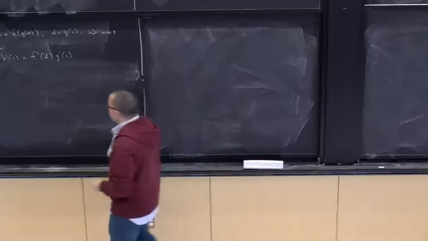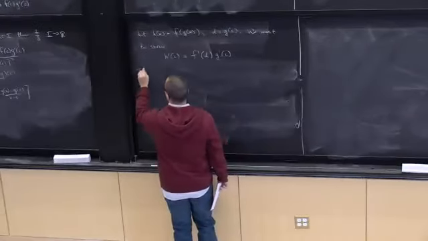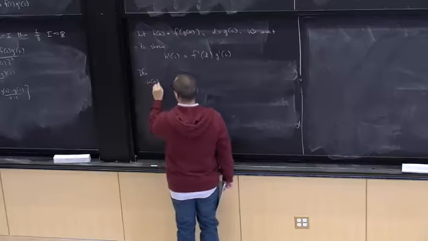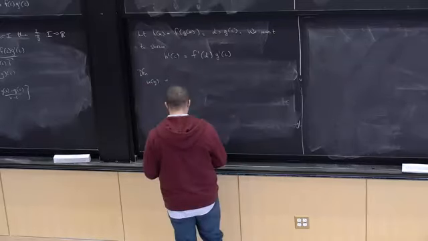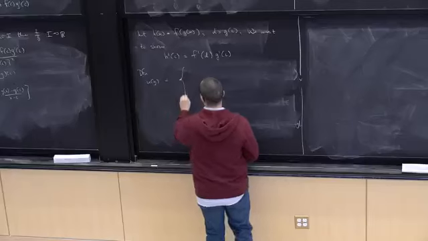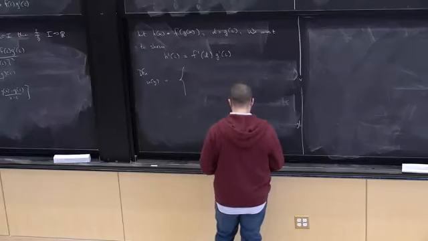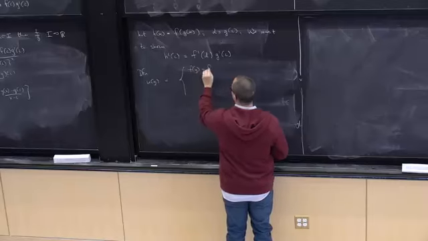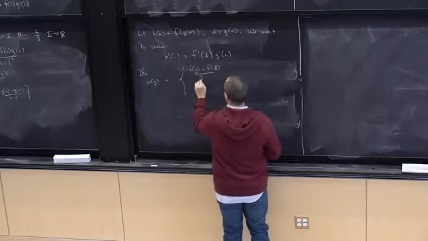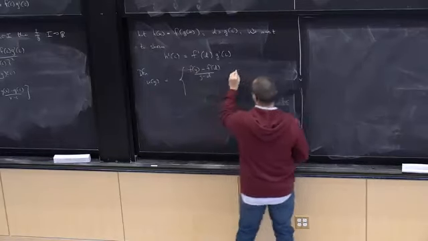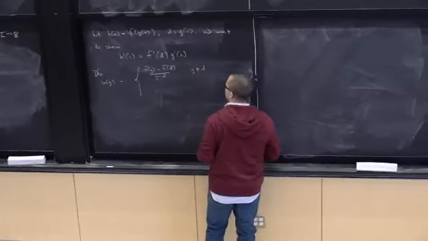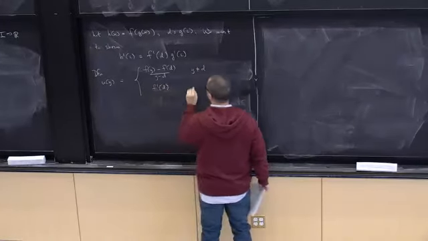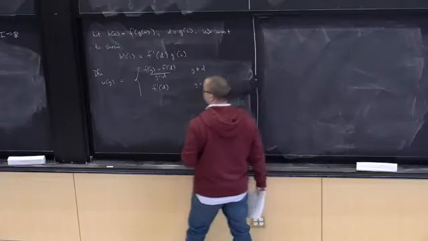Okay, so now let me define some auxiliary functions. u of y is going to be essentially the difference quotient of f, except at certain points. So this is f of y minus f of d over y minus d when y does not equal d, so that this is meaningful, and f prime of d when y equals d.